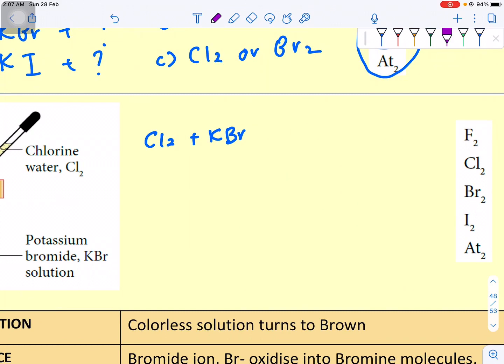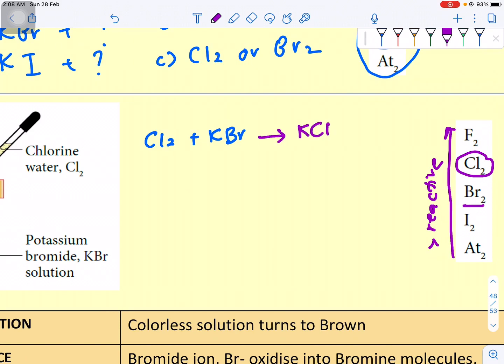So fluorine, chlorine, bromine, iodine, and astatine; the higher up, the more reactive. So we have chlorine, trying to kick out bromine from potassium bromide. So who is more reactive? The answer is chlorine. So can it kick out bromine? The answer is yes. When it kicks it out, chlorine goes into the solution becoming potassium chloride, and bromide becomes bromine.